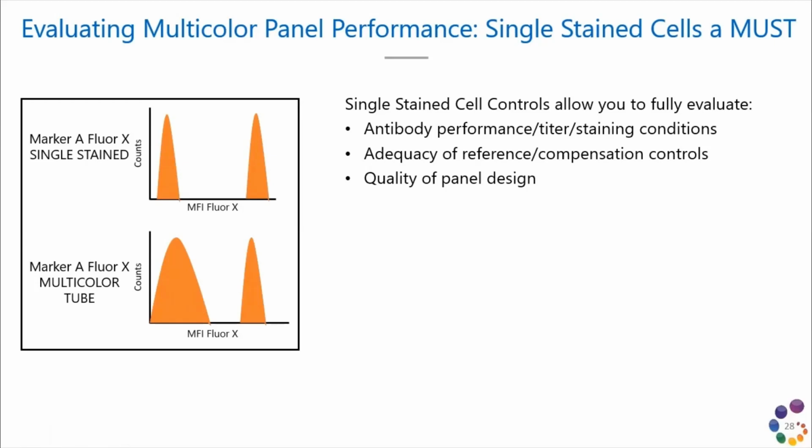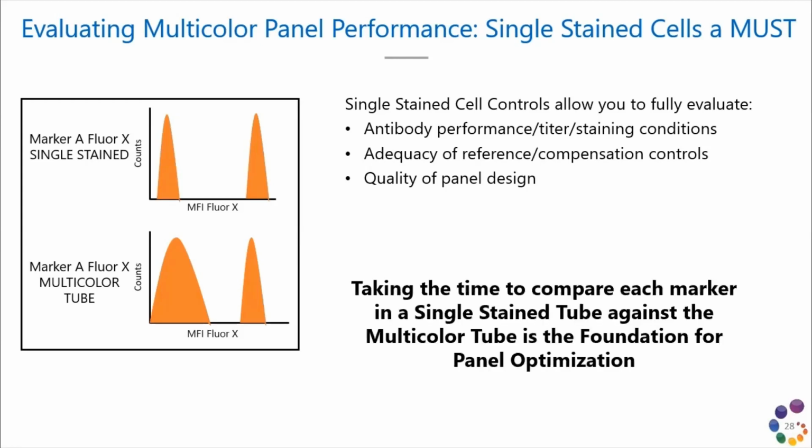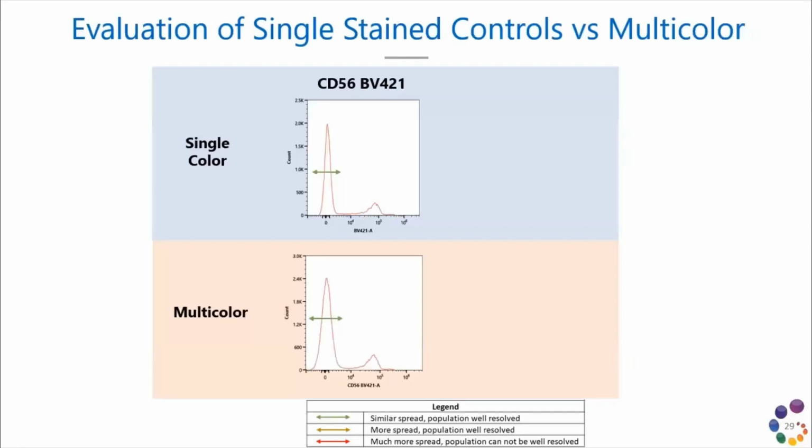We can still differentiate our positive events from our negative events, so we can likely live with this amount of spread in the negative. But these are the types of decisions you need to make in your panel as you try to optimize it. Taking the time to compare each marker in the single stain tube against the multicolor tube is the foundation for panel optimization.